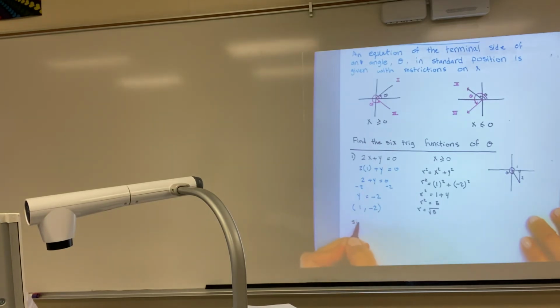I'm going to start with sine theta. That is negative 2 over root 5. And then I have a radical in the denominator, so I will multiply by root 5, both the top and the bottom, and I'll get negative 2 root 5 divided by 5.